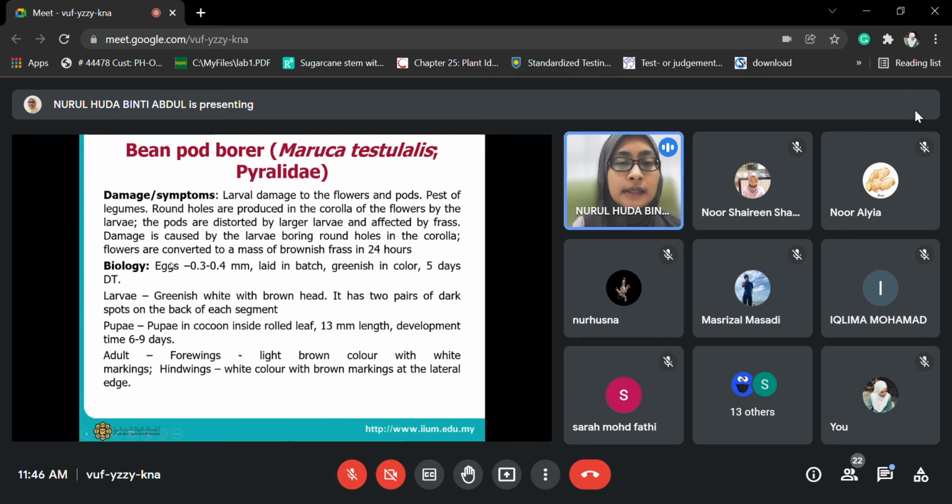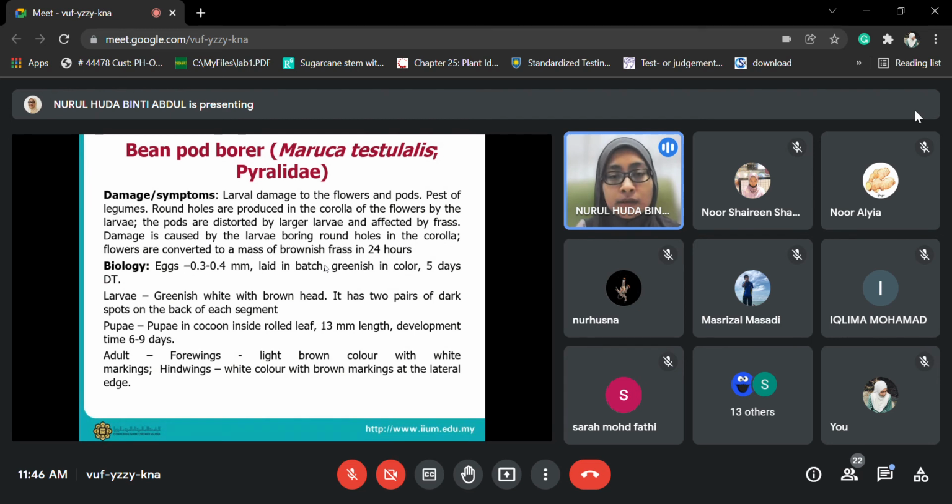For biology, the eggs is very small, 0.4 mm, laid in batch. Even though laid in batch, okay, you won't find more than 5, takkan ada lah dekat satu tangkai kacang tadi, no. So usually you may find mungkin 2-3 around that way sahaja dalam satu kacang panjang.